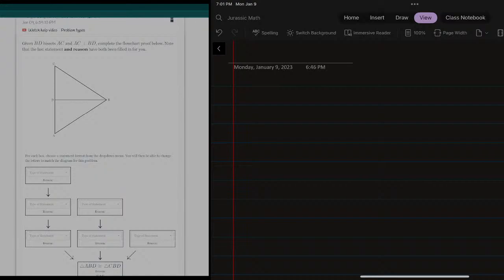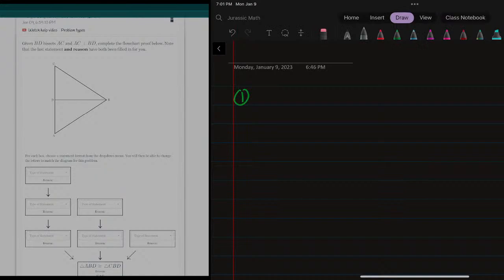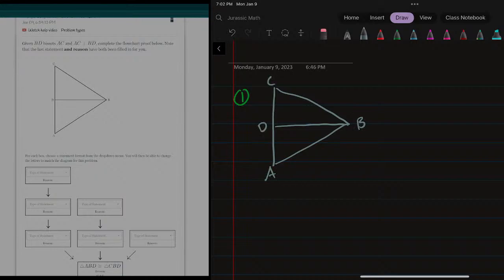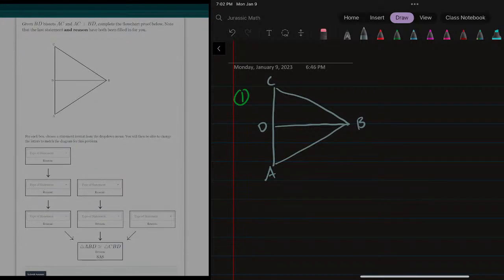So the first thing that I'm always going to do for myself on any of these geometric proofs is first draw the shape. Drawing is very important in geometry. So you have to be able to do this. A, B, C, D. And then I'm going to take a look. So what we want to do on the bottom is, you can see it's a flow chart.